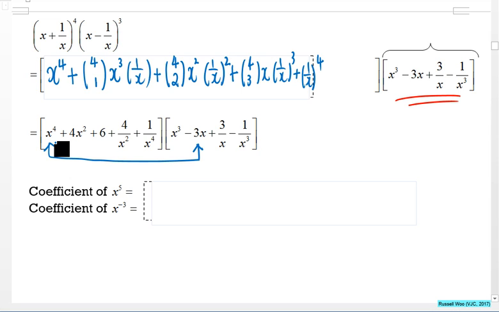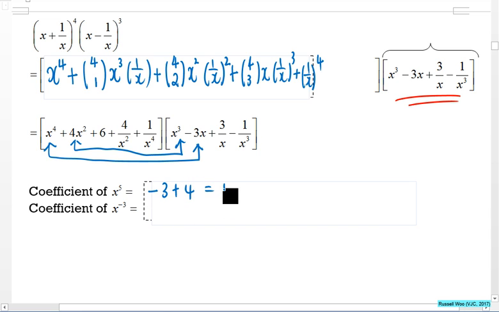Any more? x squared and x cubed. Any more? I do not think so. So this times this will give you minus 3, and this times this will give you 4. So minus 3 plus 4 will give you 1.